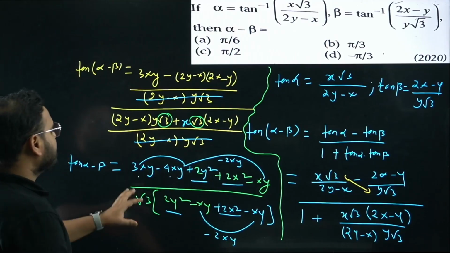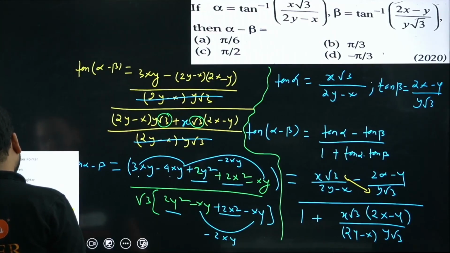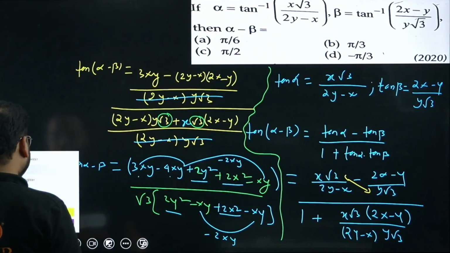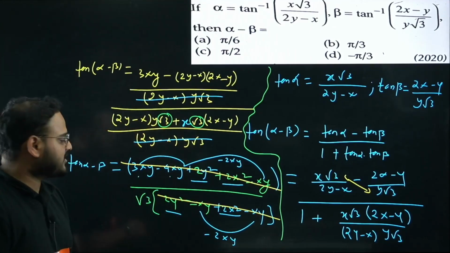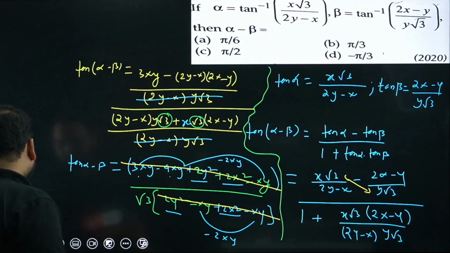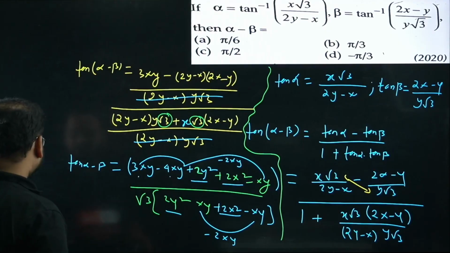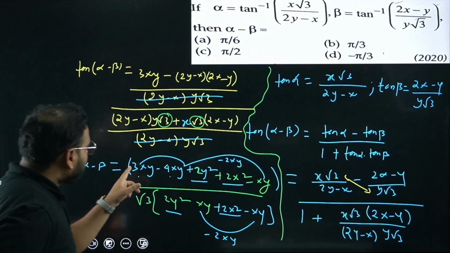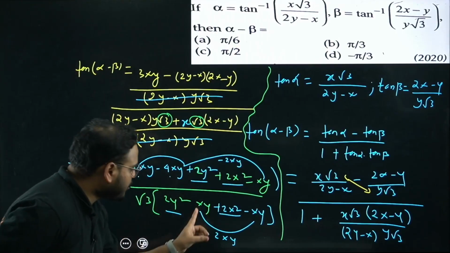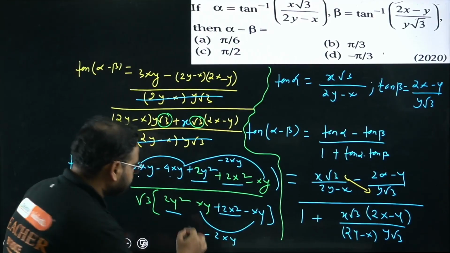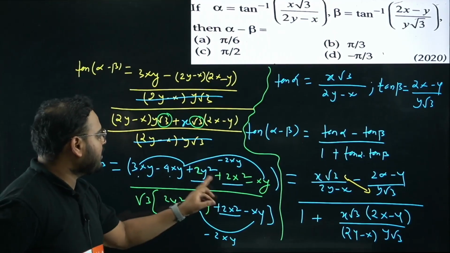So the big numerator and the denominator are getting cancelled. Cross check again: 3xy minus 4xy is minus xy, one more minus xy becomes minus 2xy. Over here also minus 2xy. Other terms are the same, 2y square, 2x square.